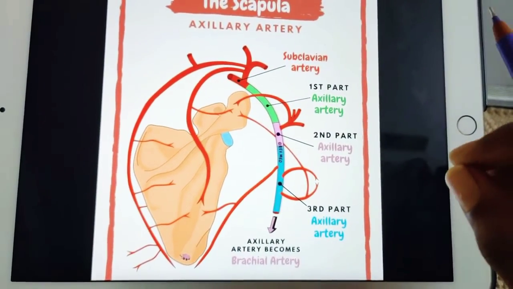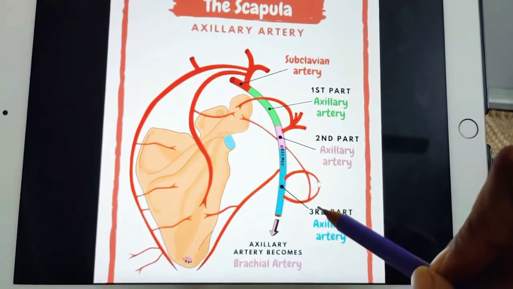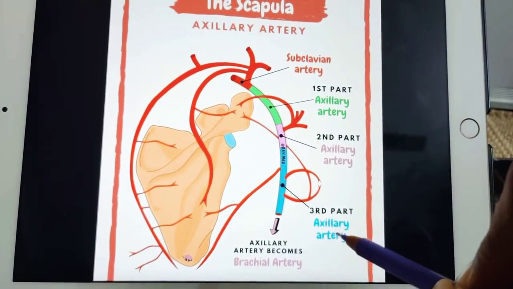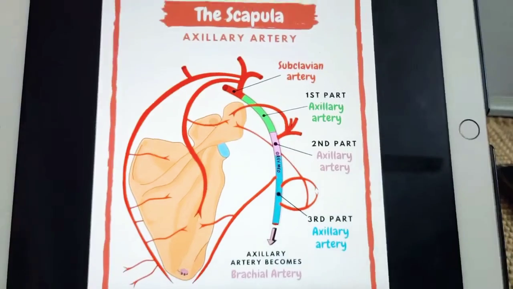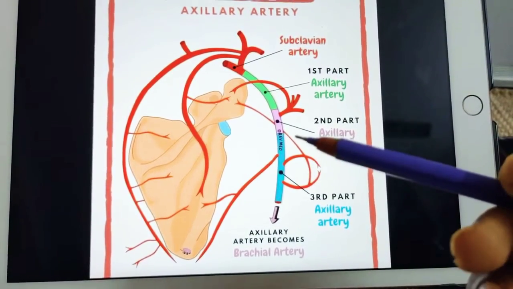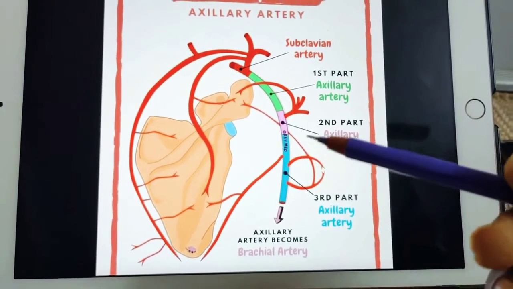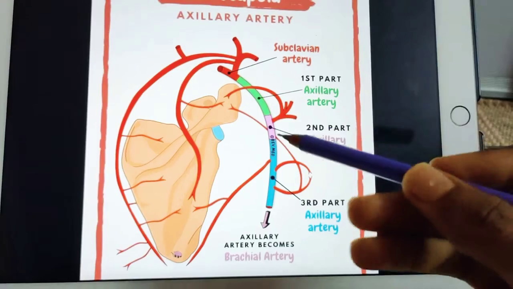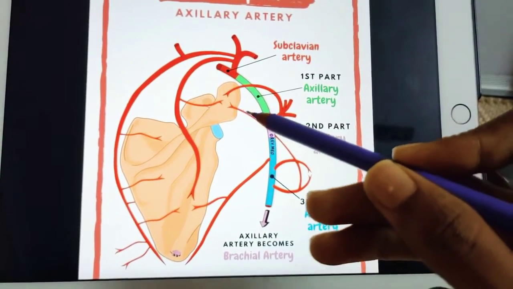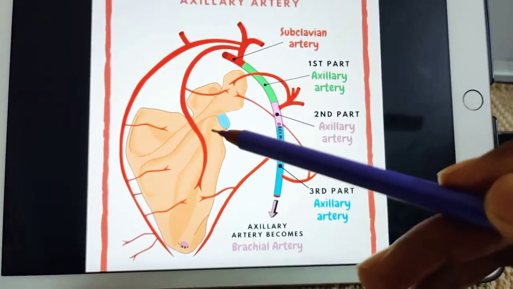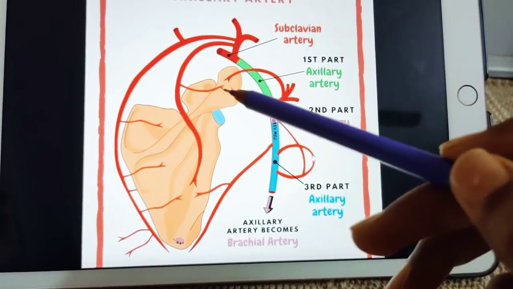Next, there is one more artery coming from the third part of axillary artery. That is the acromion part of posterior circumflex humeral artery, the acromial branch of posterior circumflex humeral artery. So these three are the acromial branches. They form the anastomosis around acromion.